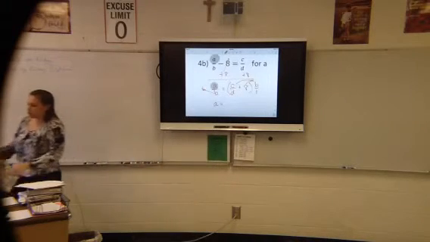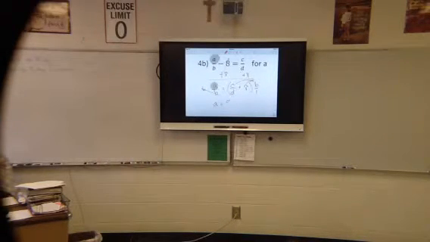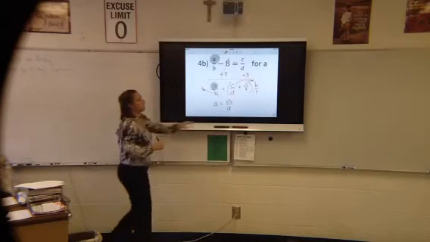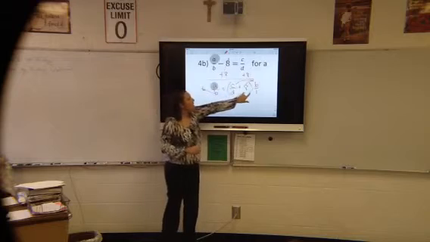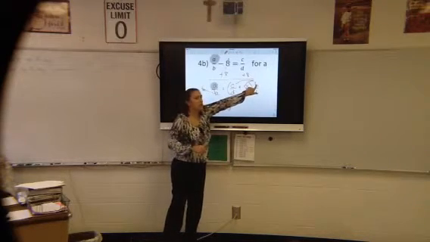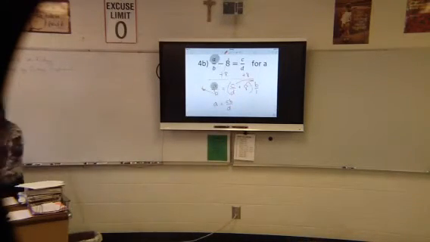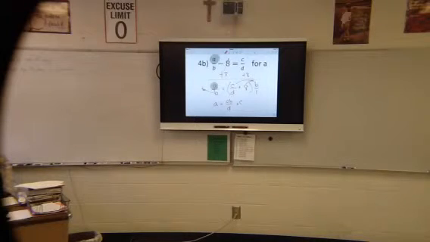So when I distribute the b, I'm going to get cb divided by d. Does that make sense? Okay, and then here, I'm going to take 8 times b, so plus 8b.